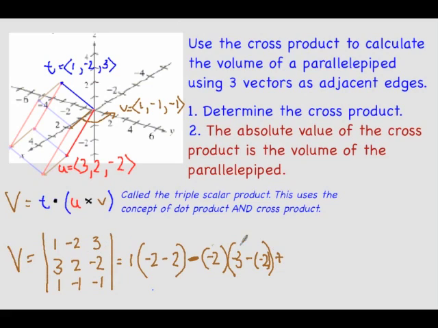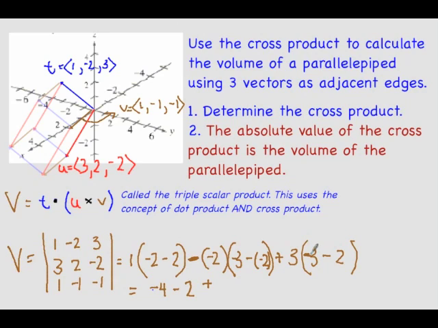Plus 3 times the determinant of this 2 by 2. 3 times negative 1 is negative 3 minus 1 times 2, 2. Okay, so what do we have here? All right, we've got negative 4 times 1 minus, in here, negative 3 plus 2 is negative 1. Negative 1 times negative 2 is positive 2.